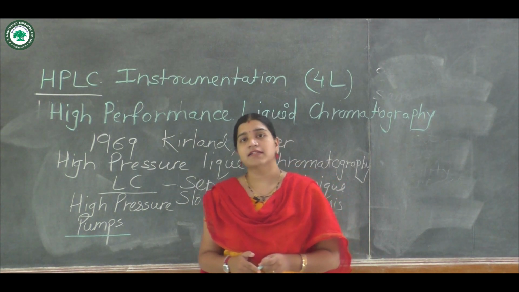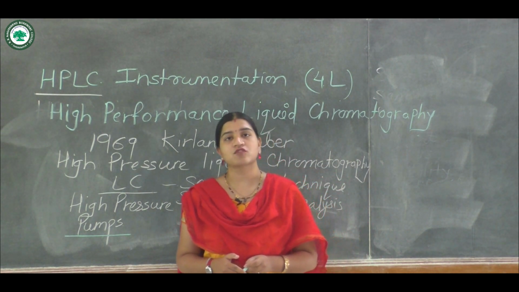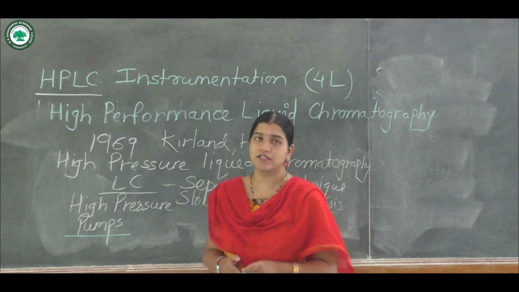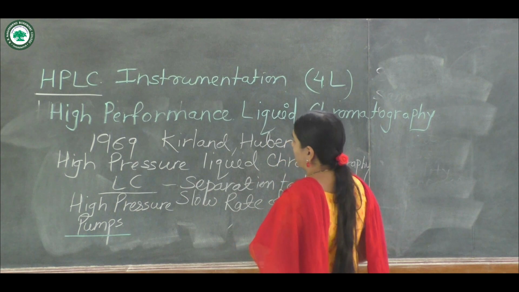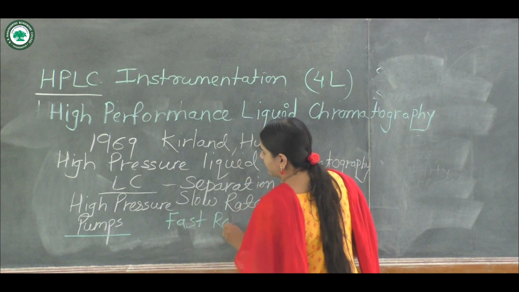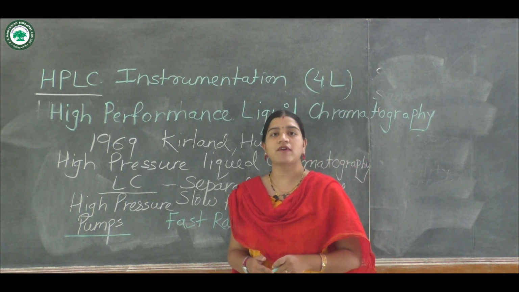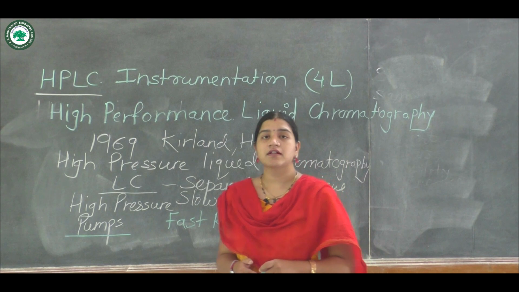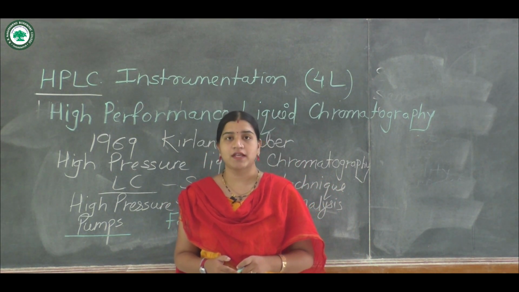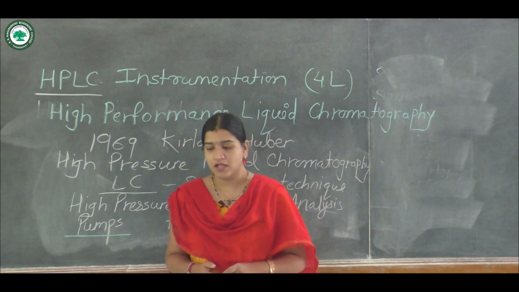As they are applying the high pressure, the reactions which are carried out at a slower rate can be carried out by using HPLC at a faster rate. So the faster speed of analysis is achieved in HPLC as a result of the use of different types of pumps.